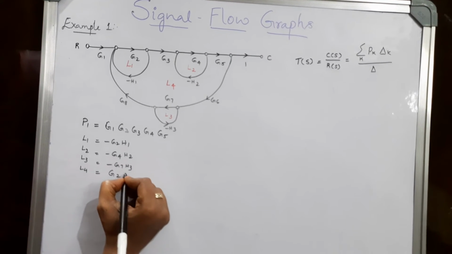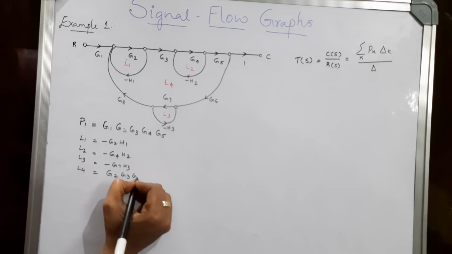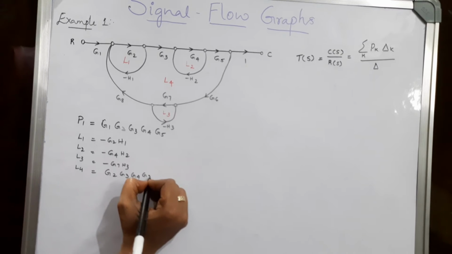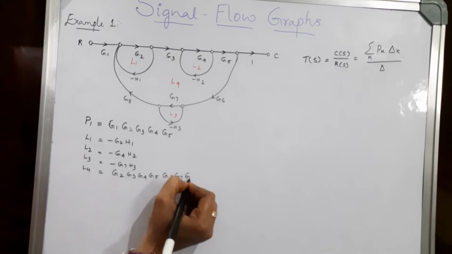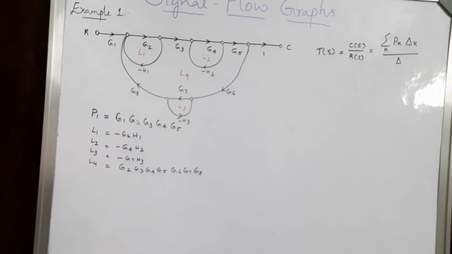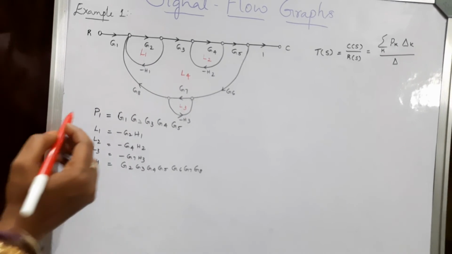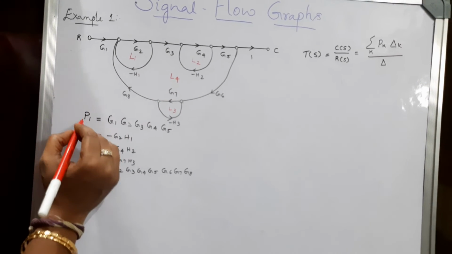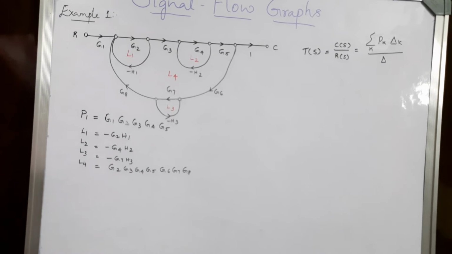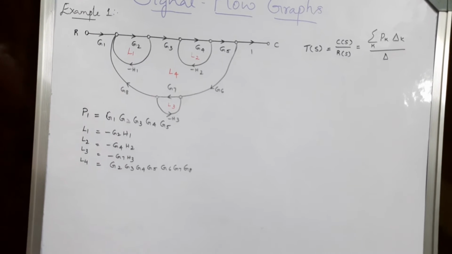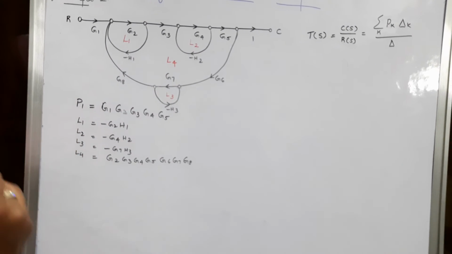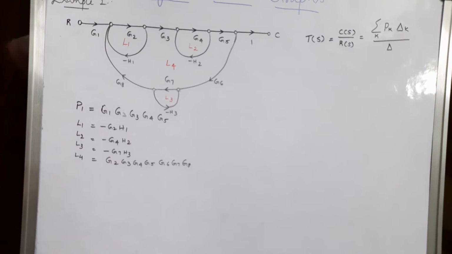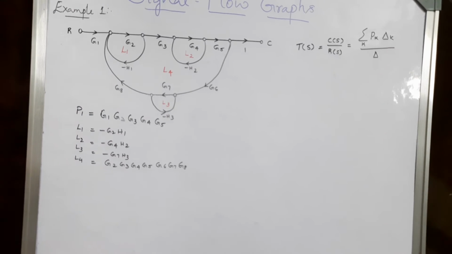This is how we have to find out paths and loops here. Now we need to find out the non-touching loop combinations. Since we have 4 loops here, I need to find out the non-touching loops combination here.